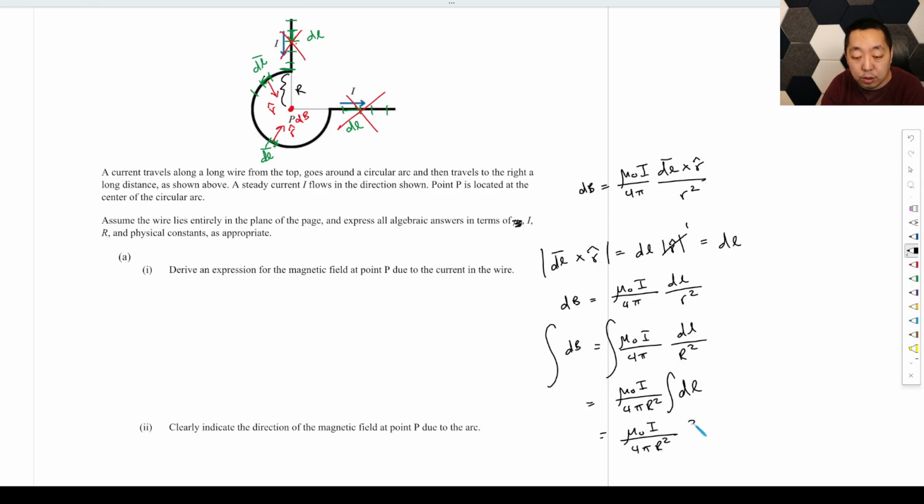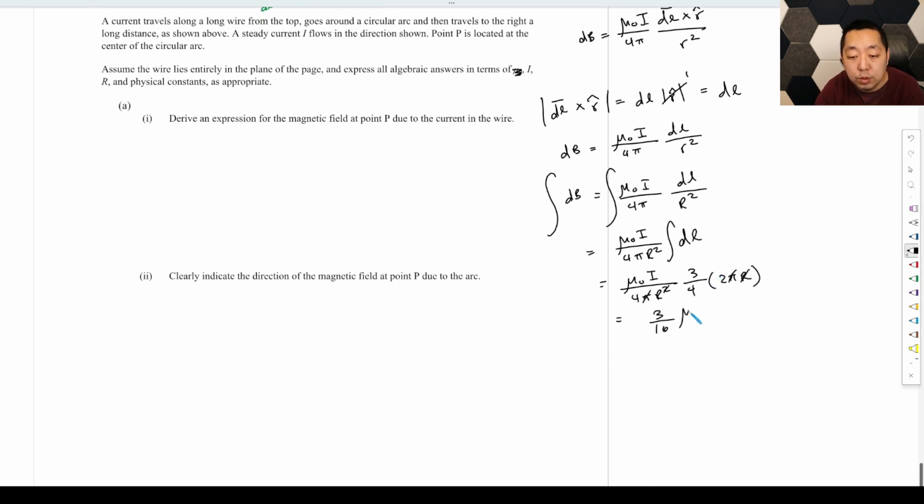So this should be 3/4 times 2 pi R, because we've gone 3/4 of the circle, not a whole circle. Then the pi's will cancel, one of the R's will cancel, and you get 3/16 mu naught I over R.